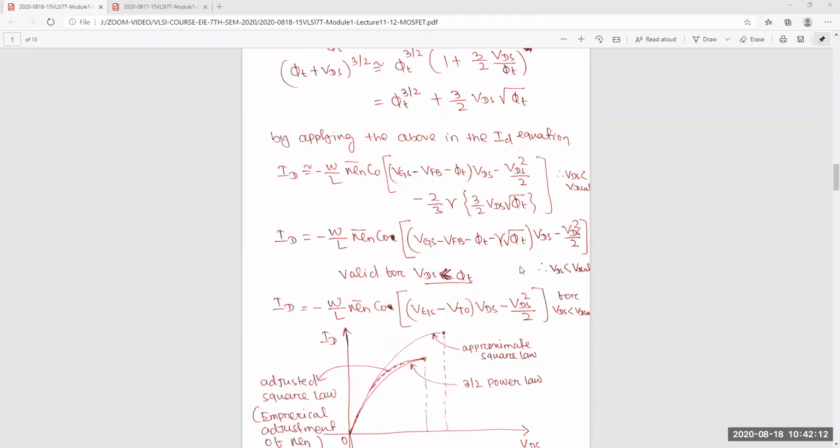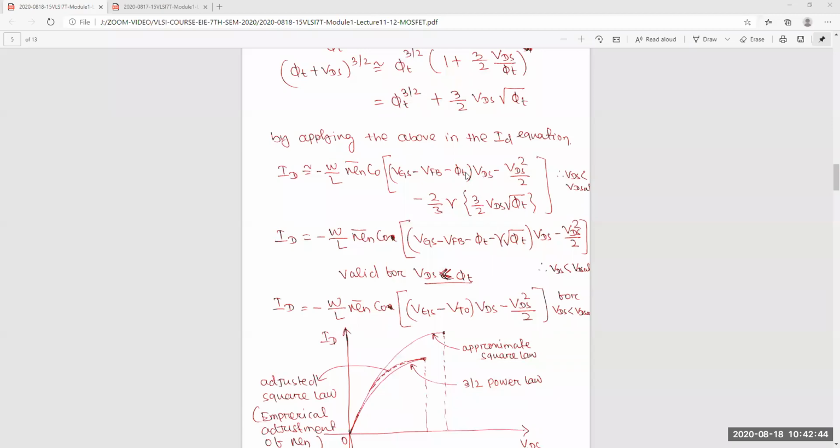Now we will simplify again. If you do the simplification, what will you get? This is gamma phi t, so with gamma phi t, 3 by 2 and 2 by 3 will be cancelled. And this VDS square by 2 will be there, and this part will be there.